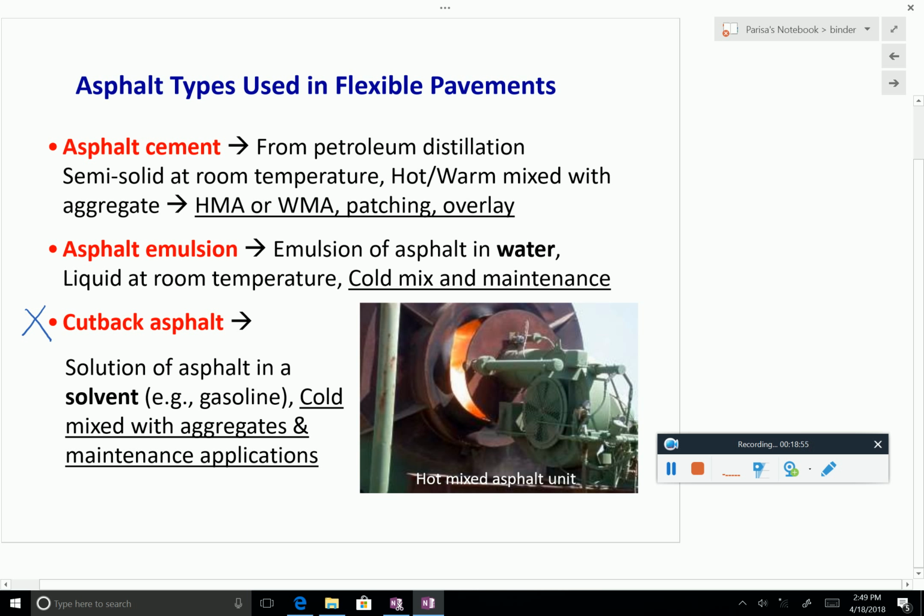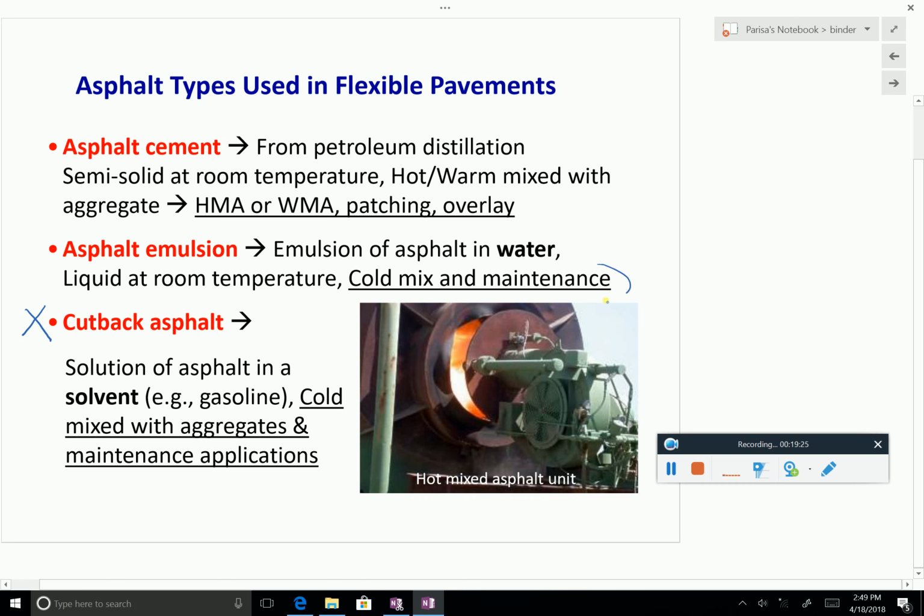Now that we know more about the adverse effect, we don't use it as much. So these are the main three products that we use, and we want to talk about each one of them a little bit. Asphalt cement we talked about quite a bit. We need to learn what emulsion is, what cutback is, before going to asphalt performance grading.